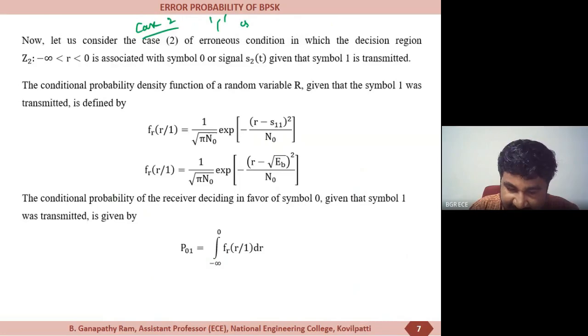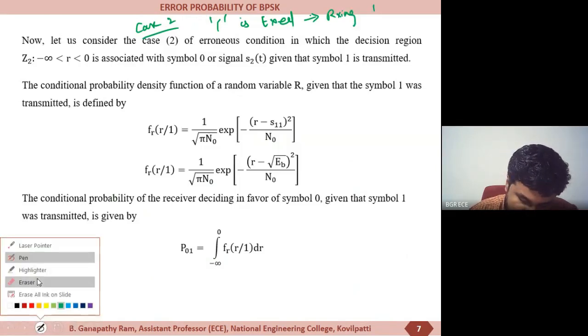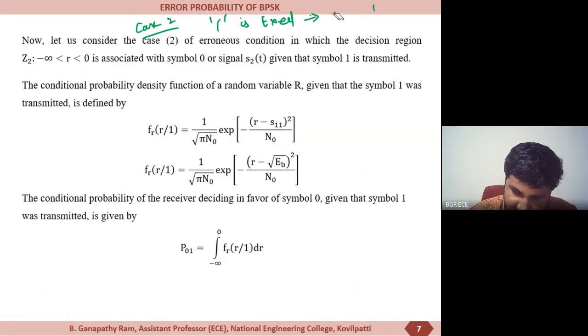Binary 1, data 1 is transmitted, but the receiver decides in favor of the binary data 0.